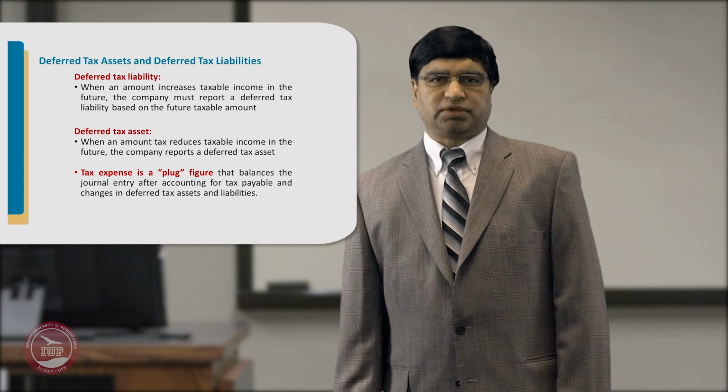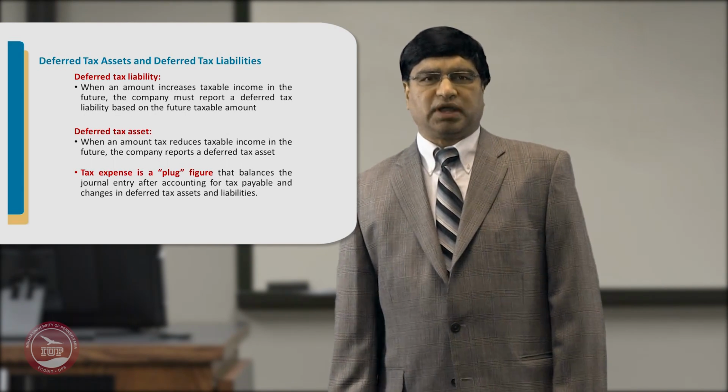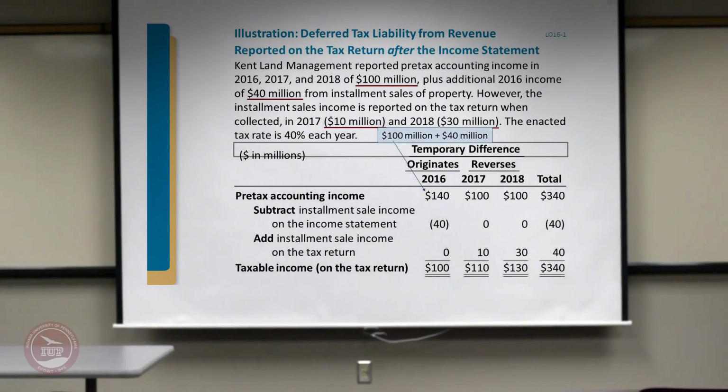Let's take an example for a deferred tax liability. Kent Land Management reported a pre-tax income in 2016, 17, and 18 of $100 million, plus an additional 2016 income of $40 million from an installment sale of property.